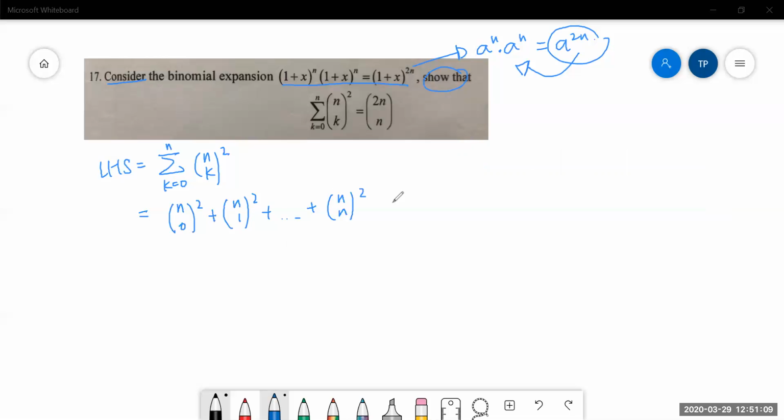Yeah. So now from here, we are trying to get to this place, by using this. So there's a reason why they told us what they told us at the top. Okay.